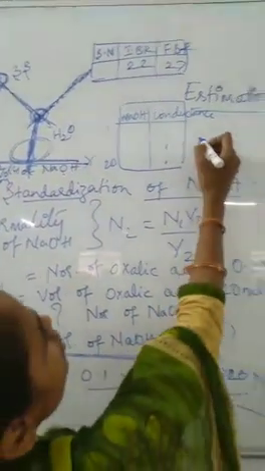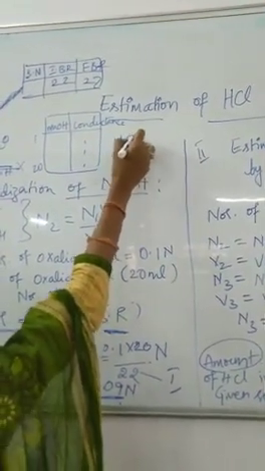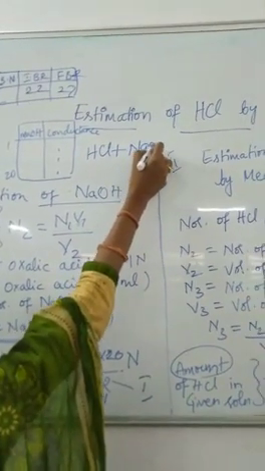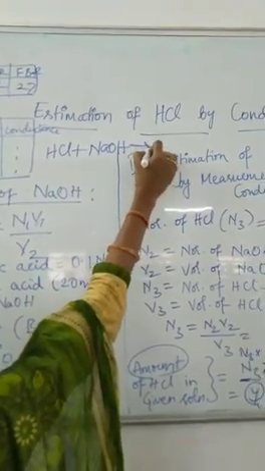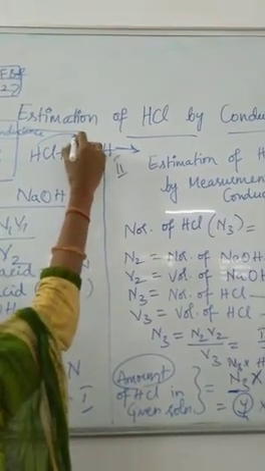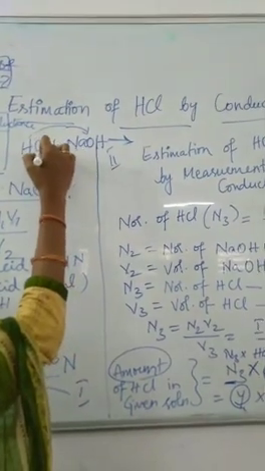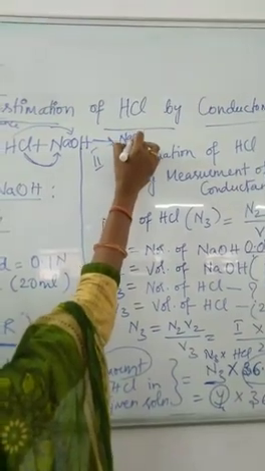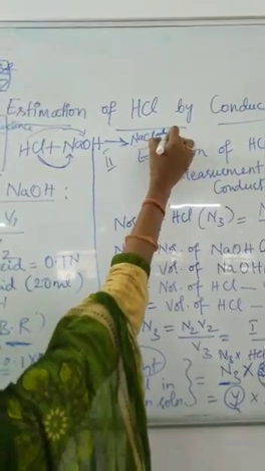If you look at the reaction, the HCl taken in the beaker reacts with the sodium hydroxide: the OH combines with H, and the chlorine combines with sodium, forming a salt, NaCl, and a water molecule.